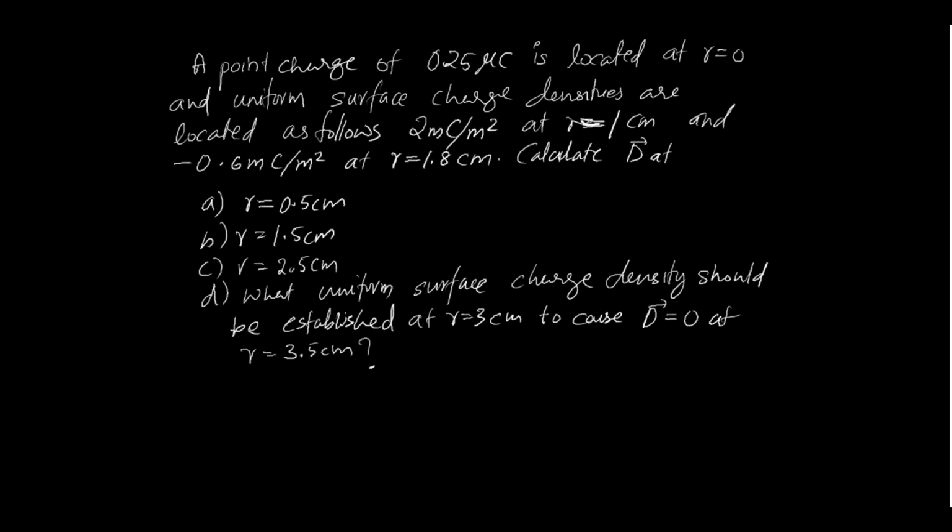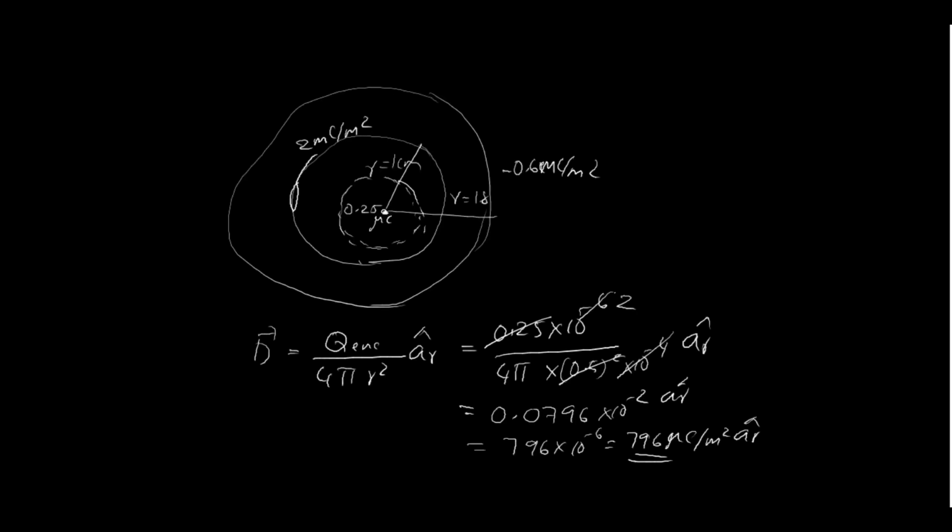The second question is at r equal to 1.5 centimeter. So r equal to 1.5 centimeter will come here. The charge enclosed is now 0.25 microcoulomb plus the charge in the sphere of radius 1 centimeter. For that sphere, rho s is given as 2 millicoulomb per meter square.